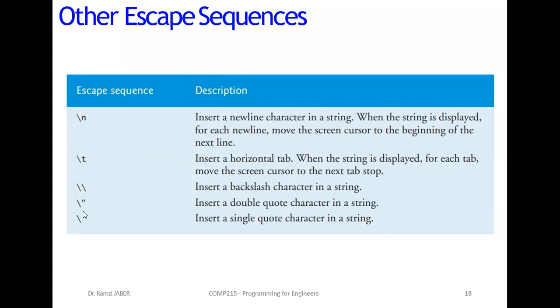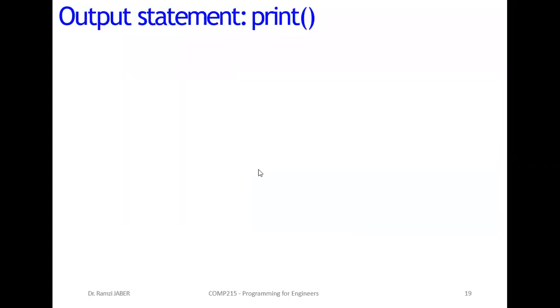Backslash quotation, single quote, double quote, means you want to insert a single quote or double quote. So every character, when we put a backslash before it, is printed on the output, other than the special ones.